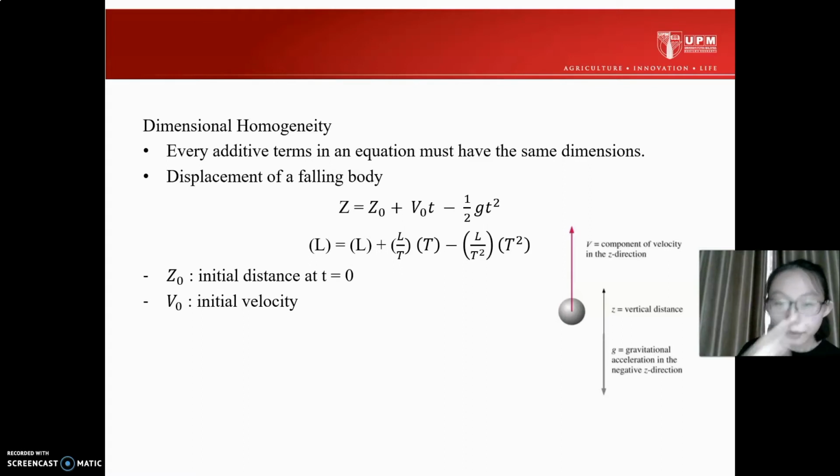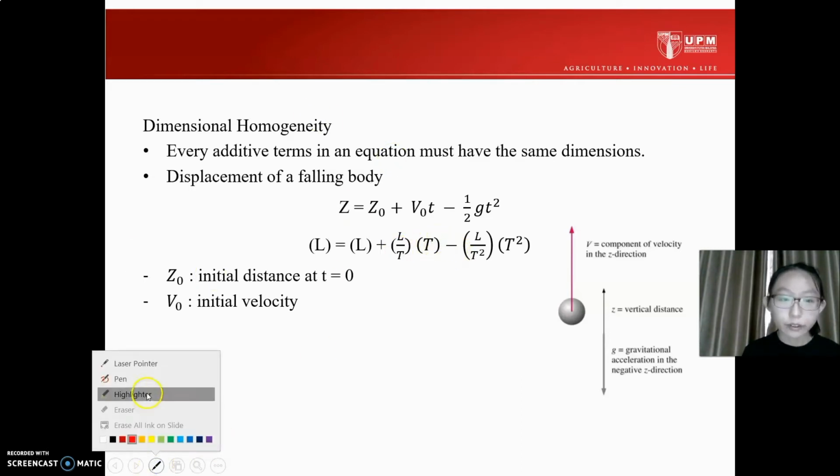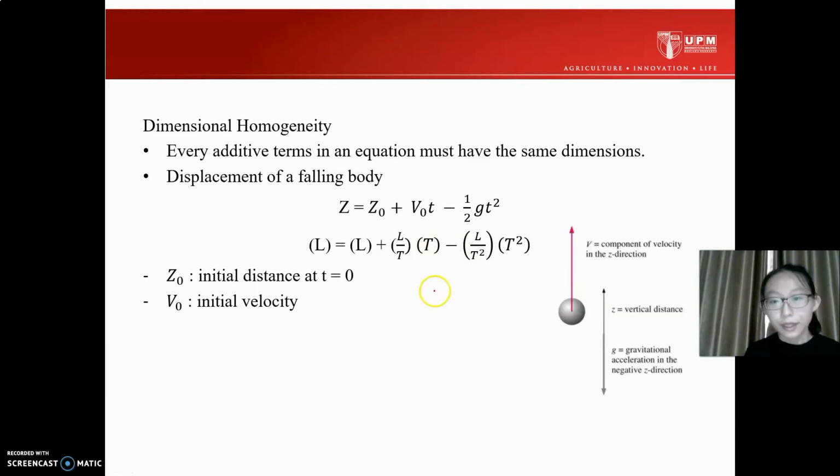For the displacement of a falling body, z equals z0 plus v0t minus 1 over 2 gt squared. L is equal to L plus L over T times T minus L over T squared times T squared. So we can cancel it here.